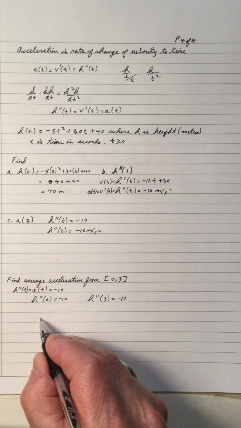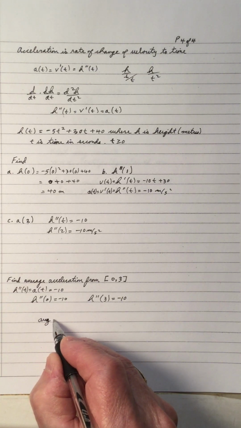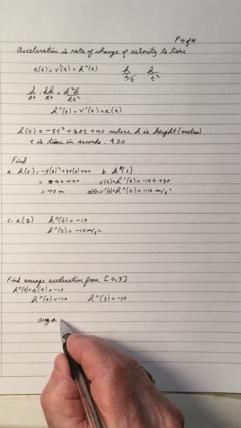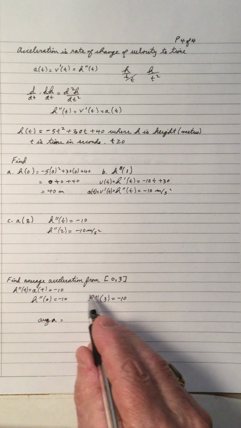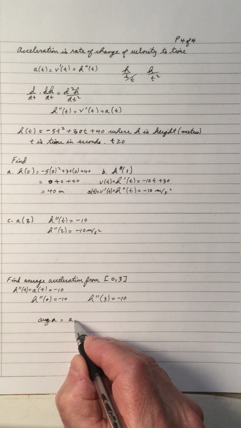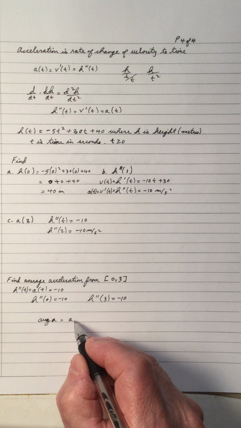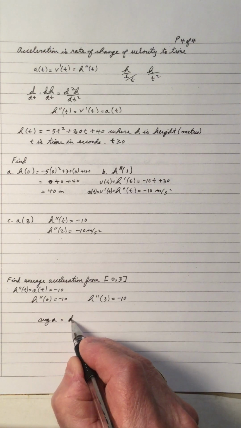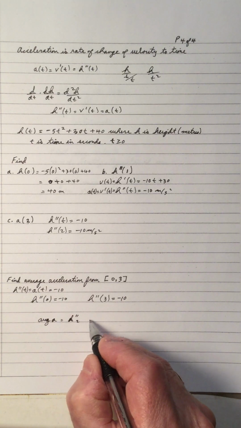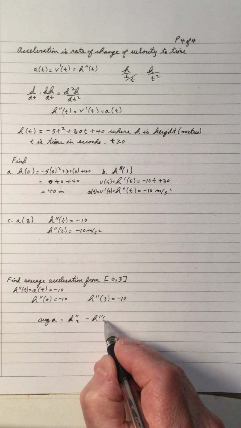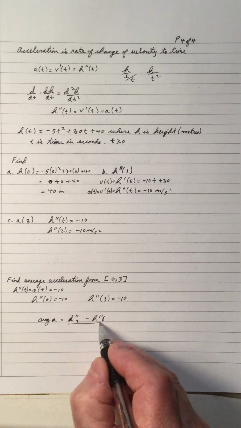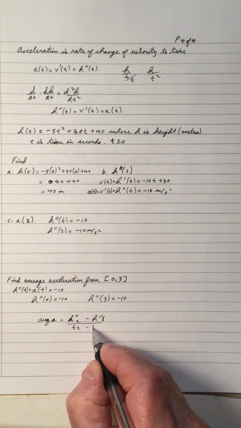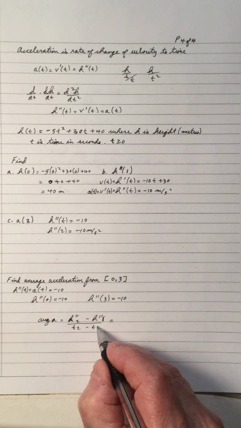So the average acceleration, not velocity, is h double prime of 3 subtract h double prime of 0, all over t2 subtract t1. So it's like a slope.